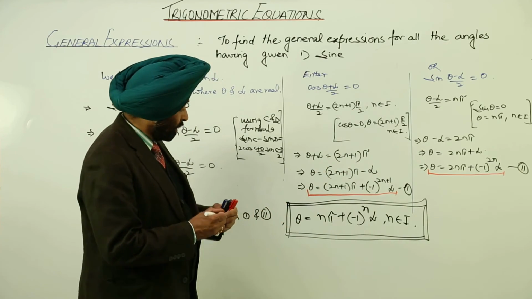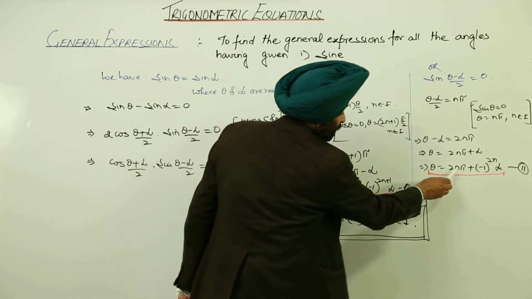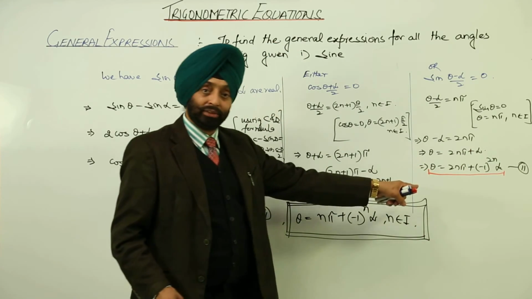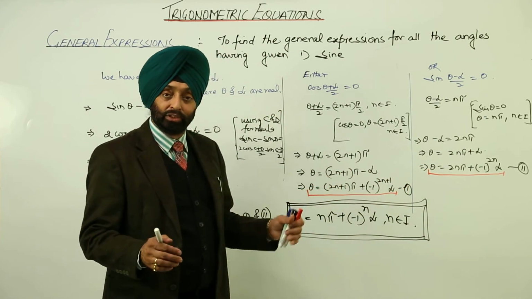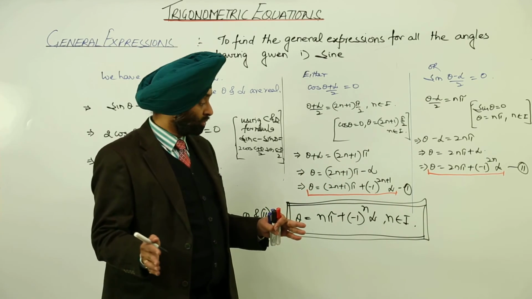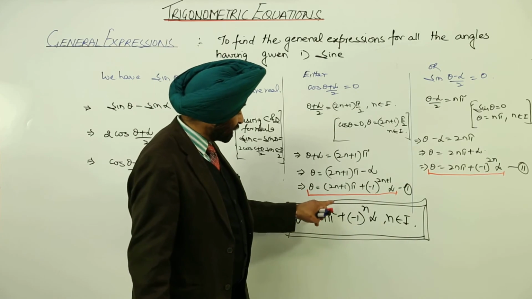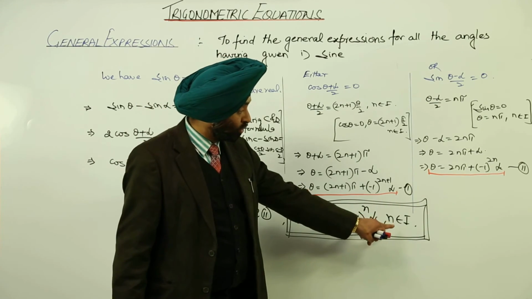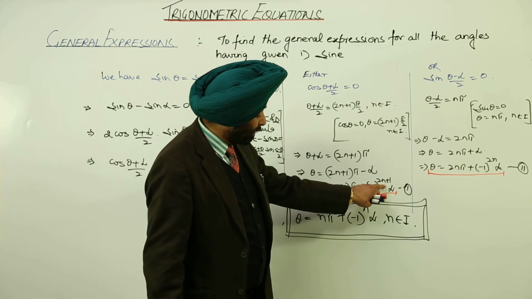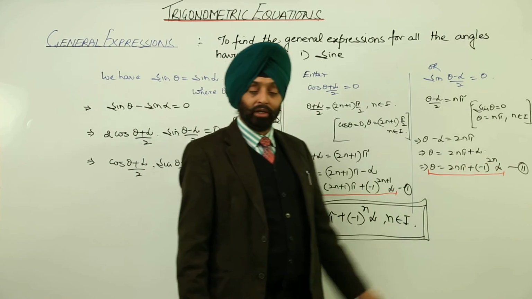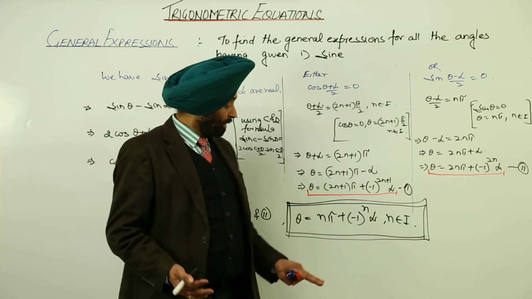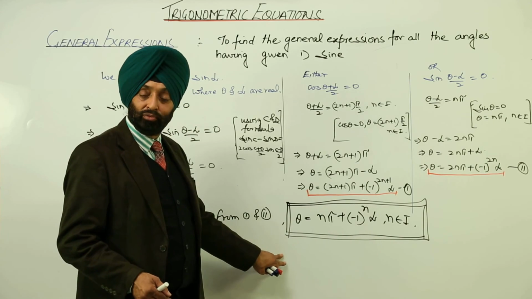What I have done here: 2n plus 1 and 2n, pi is here, pi is here. 2n is even and 2n plus 1 is odd. Even and odd together become all the numbers, so I have taken n and shown it as an integer. Same for the power being odd and even, and combining them we get n as the power. That's why this is the result which we have to follow.